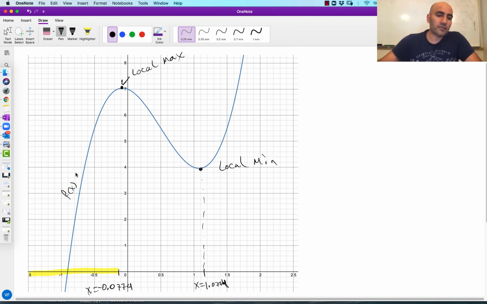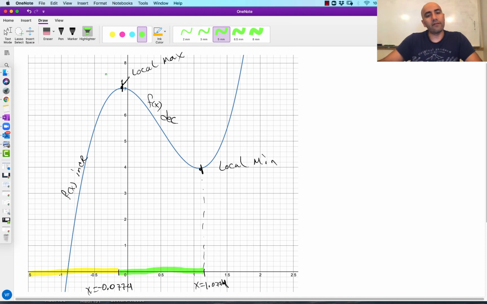So f of x is increasing on this part. And then f of x is decreasing from this point to this point. And then from this point to this point, the function f of x is again increasing.